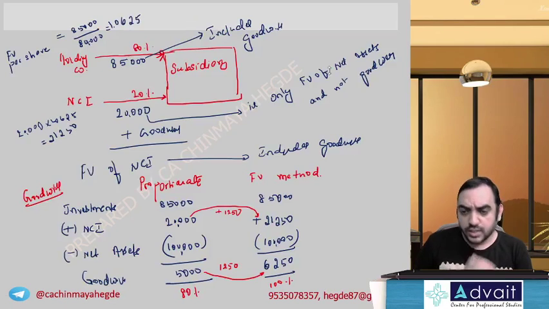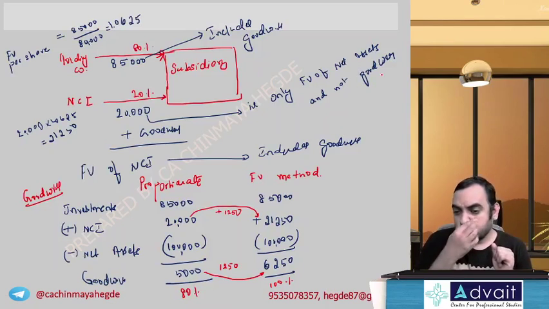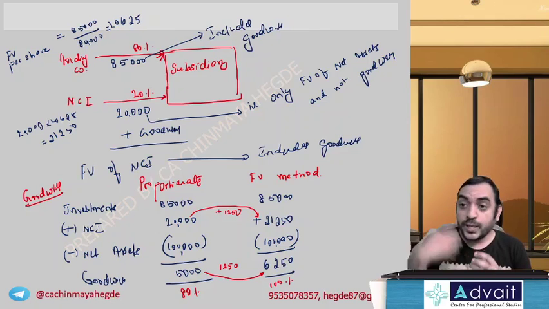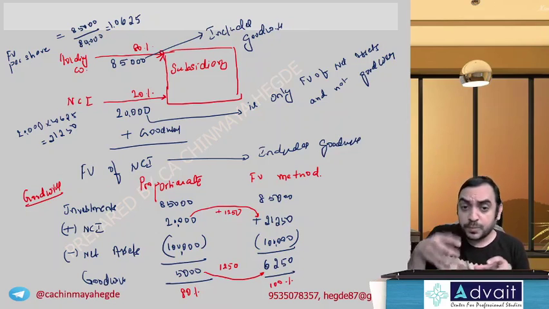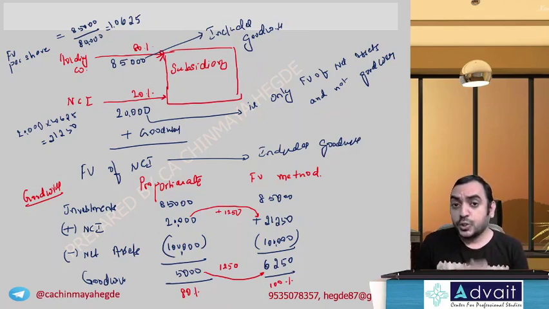I'm getting a question. Why are we adding goodwill to NCI? That's what I just explained, no? When you value on a proportionate basis, you are valuing the goodwill belonging to the holding company's share only. If you want to report goodwill at full value, because the holding company owns 80%, you are recognizing goodwill at 80%.